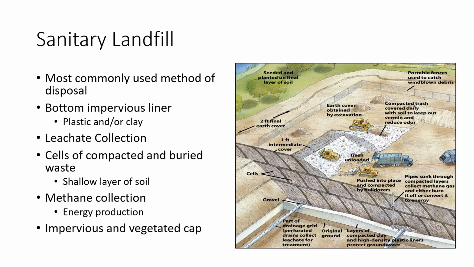So we're burning the methane to make steam, to turn a turbine, you know the drill. That's really important, because if not, you end up with these methane bubbles in your landfill, and you could imagine what may happen with exploding garbage or something like that.